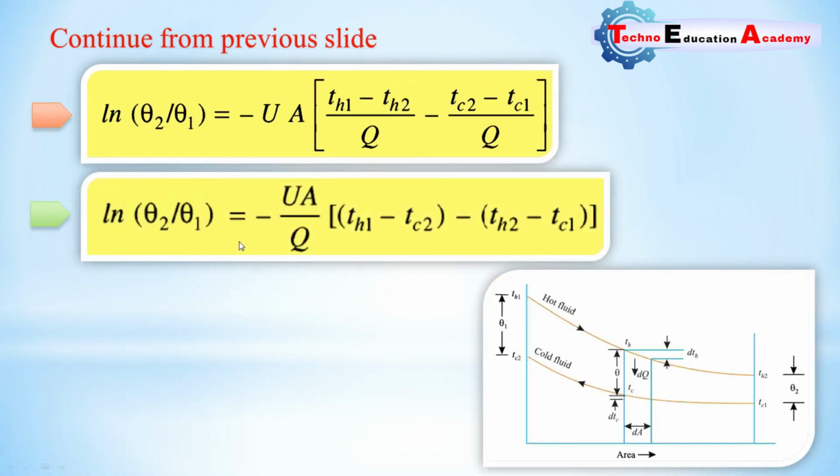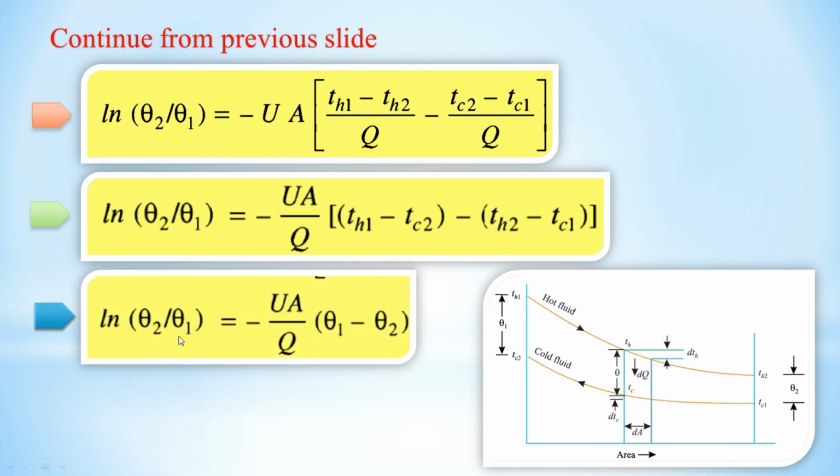So ln theta 2 by theta 1 equal to minus UA, here the Q term is common in the denominator, so keep it outside, and rearrange this term in such a way that theta 1 equal to Th1 minus Tc2 and theta 2 equal to Th2 minus Tc1. Okay, so here you can see that Th1 minus Tc2 equal to theta 1, and for Th2, the minus term is there, so whenever it is multiplied with this bracket, it remains as it is, minus Tc1, which is equal to theta 2.